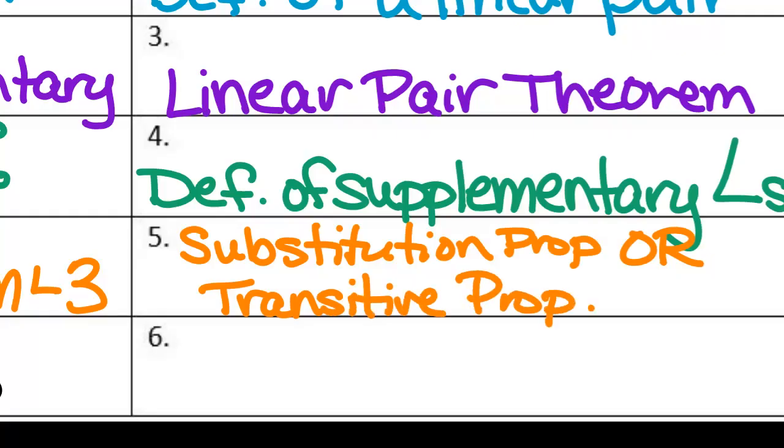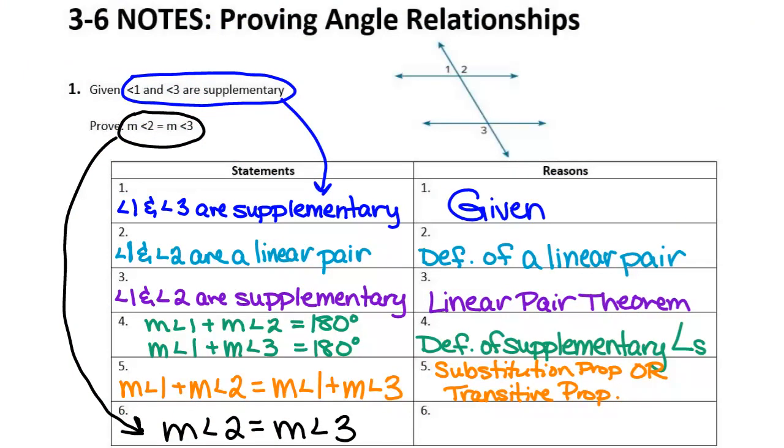All right, we are at our last statement that we want to make. We already know what the statement is, we just need a reason for it. What's different between statement 5 and statement 6? Yeah, we have measure of angle 1 on the left right here, and the measure of angle 2. Angle 2 stayed, but angle 1 went away. And over on the right, we also have the measure of angle 1 that down here disappeared.